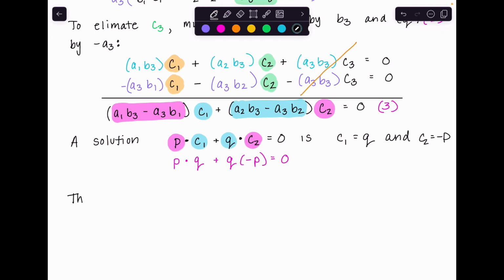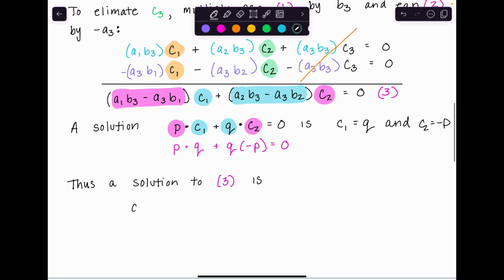So what this means is a solution to equation 3 is we set C1 to be the exact same thing here. So it is A2, B3 minus A3, B2.